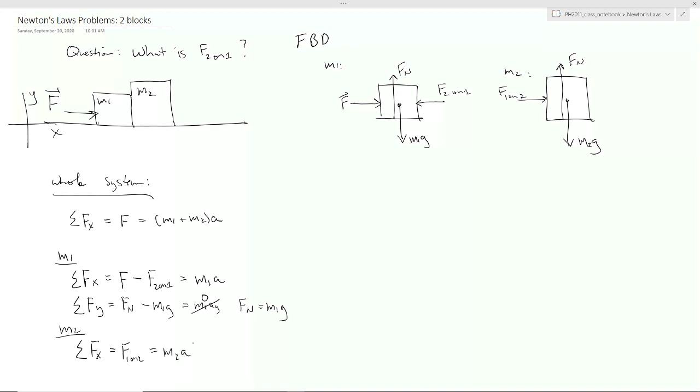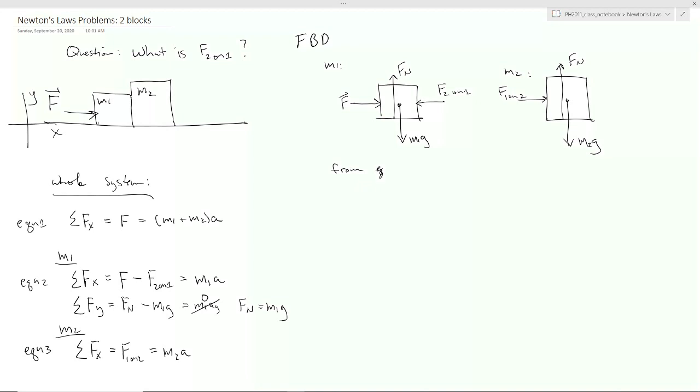So we basically have three equations that we can make use of. The first thing is, it is pretty simple for us to pick out the acceleration of the whole system.